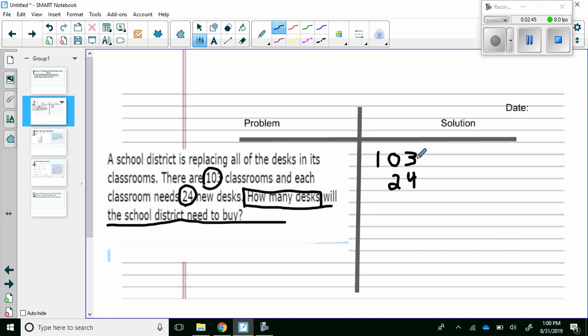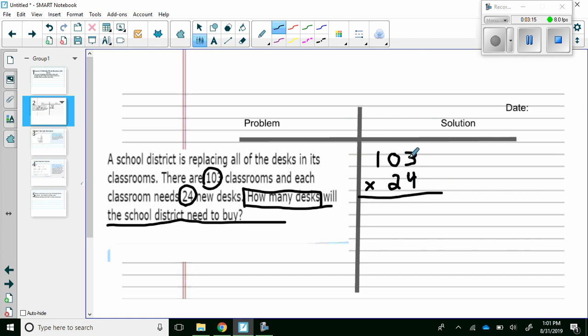So if there are 103 classrooms with 24 desks each, then I know I need 24 desks in each classroom. So I'm going to multiply. I'm going to use the standard algorithm of multiplication. It is something that I know best, and I feel like it will help me get the right answer.